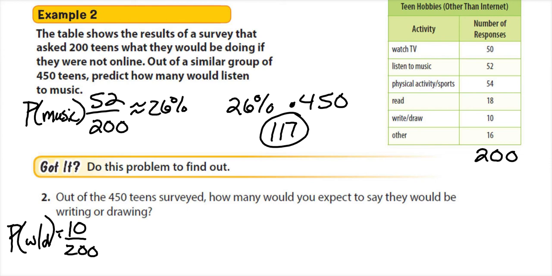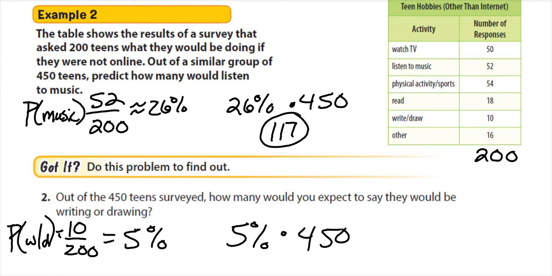That would be 5%. Okay, and then out of 450, so we're going to do 5% of 450. And that's 22.5. Okay, so we'll just leave it like that. Well, let's say 22 or 23, because you can't have a half a person.